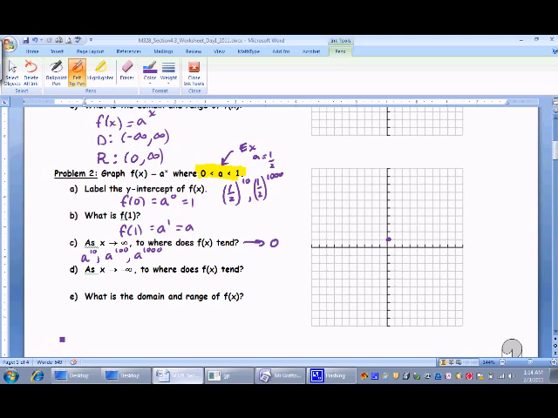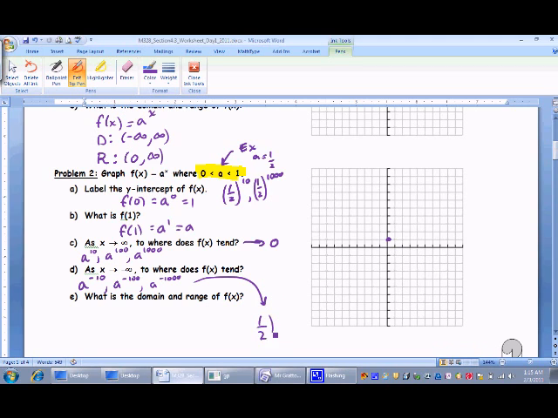And then the reverse of that: as x tends to negative infinity, where does f of x tend? Well, a to the negative 10th, a to the negative 100th, a to the negative 1000th, a to ever more negative powers. I can give you a little example.